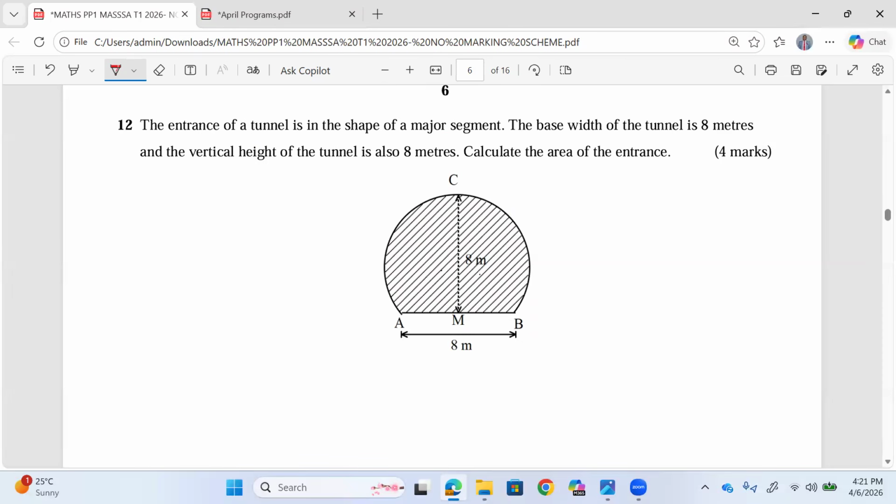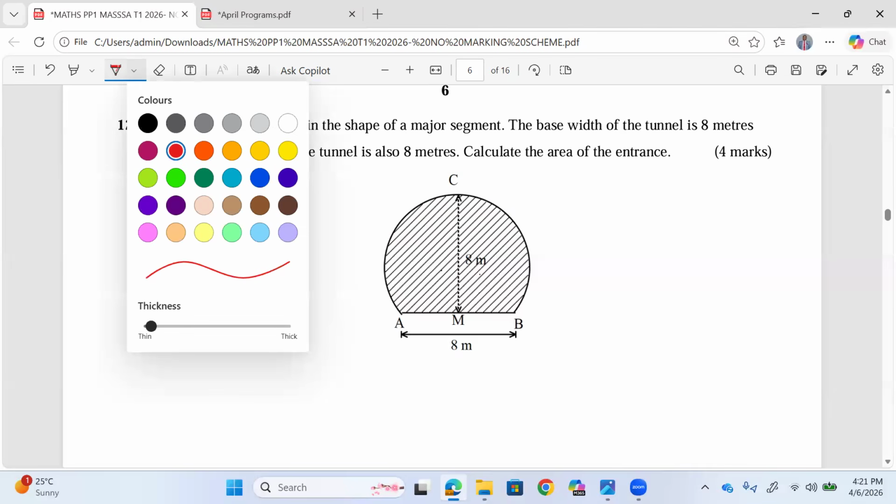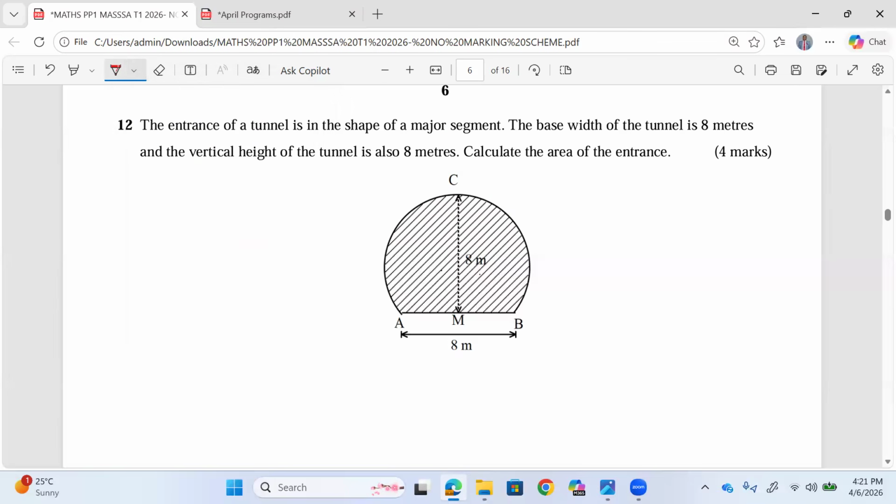We all know very well that the area of a major segment is usually given by this. Assuming there is a center O, we can join it to A and also join it to B. So you can see there is a triangle and a major sector.